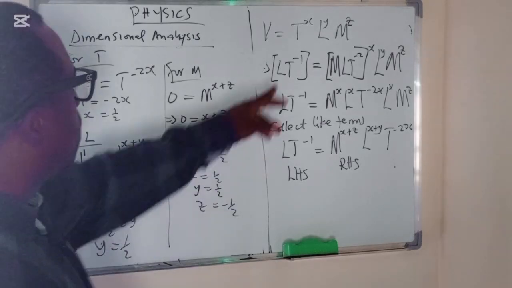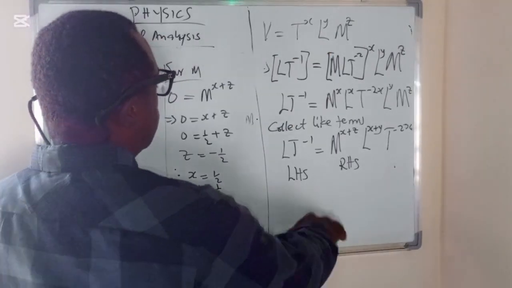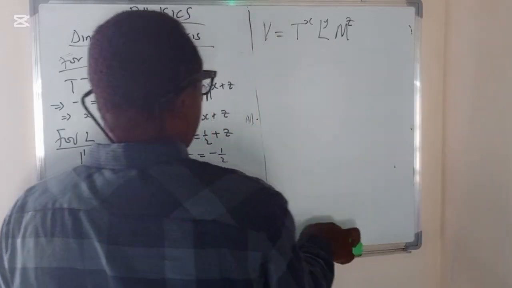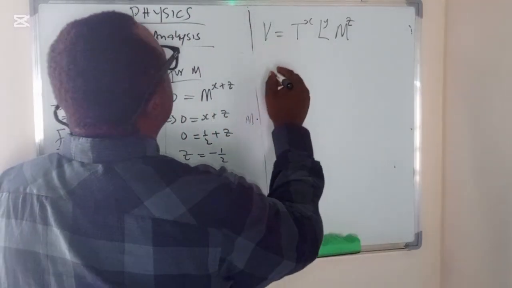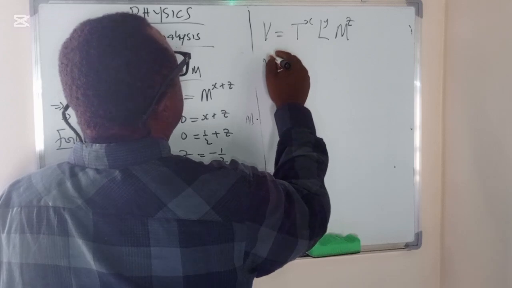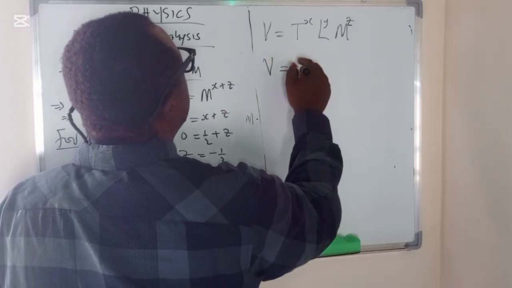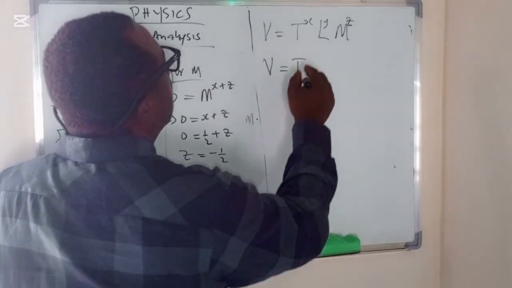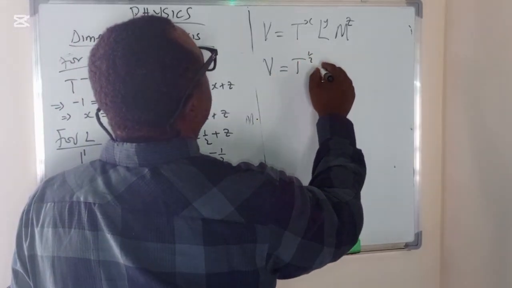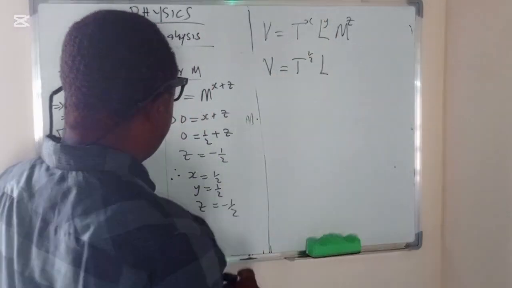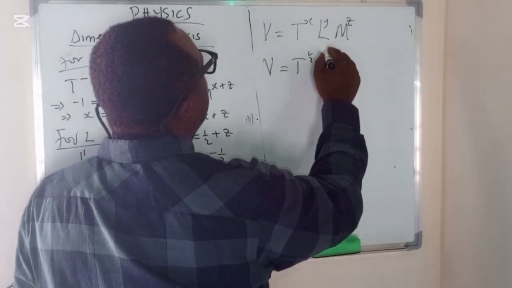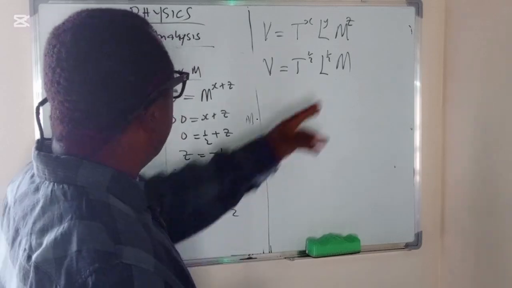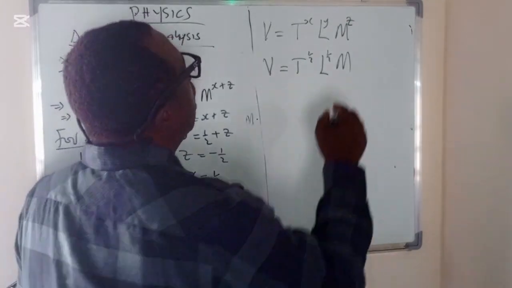So we'll come back to the original equation, which is this. Therefore, v is equal to T, x is half, that is T raised to power half, L, y is half, that is L raised to power half, and M raised to power z, z is minus half.